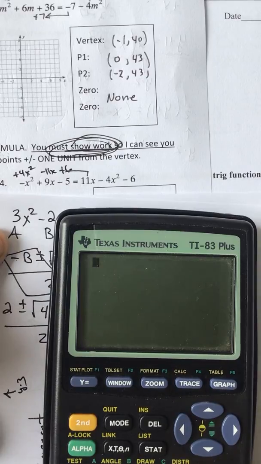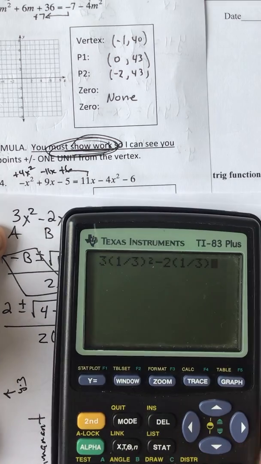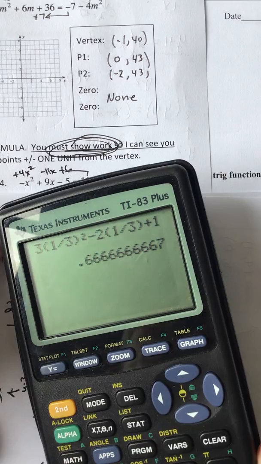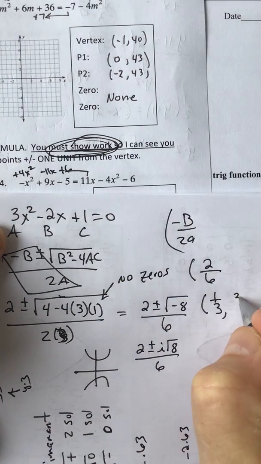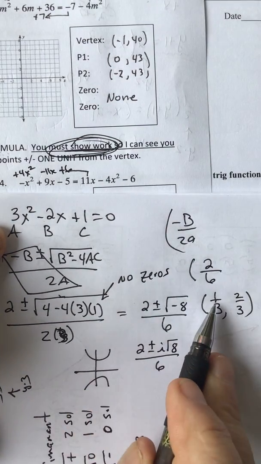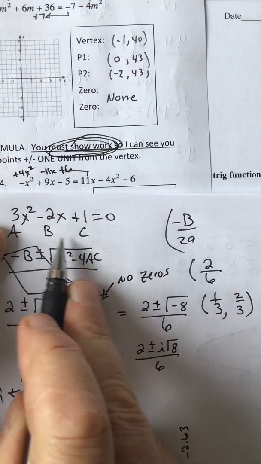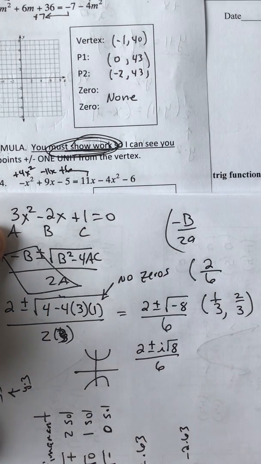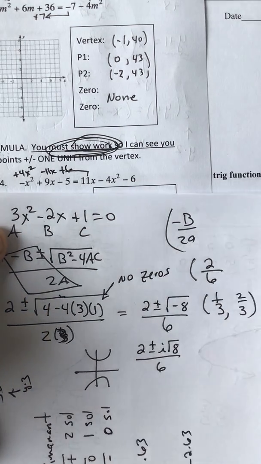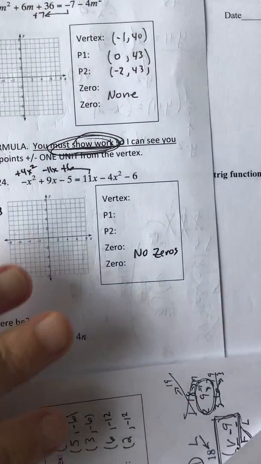So I'm going to go 3 times 1/3 squared minus 2 times 1/3 plus 1, and see what it is. 2/3. So I got 1/3 as the x part, stick 1/3 in and it gives you the y part. So this vertex is at 1/3, 2/3.